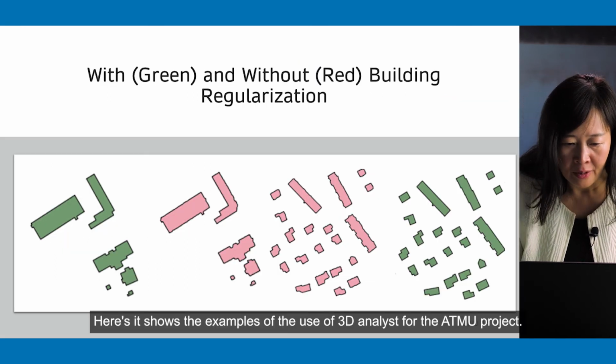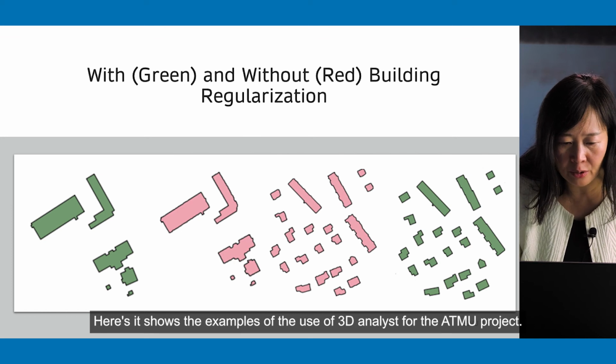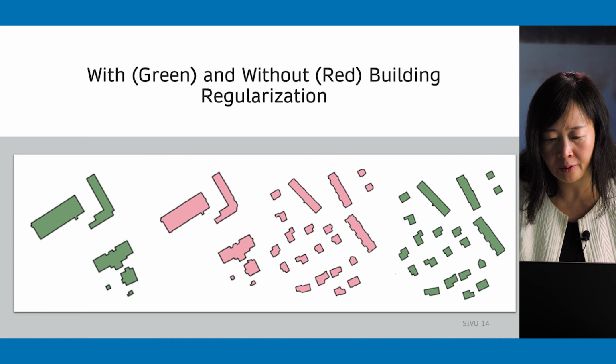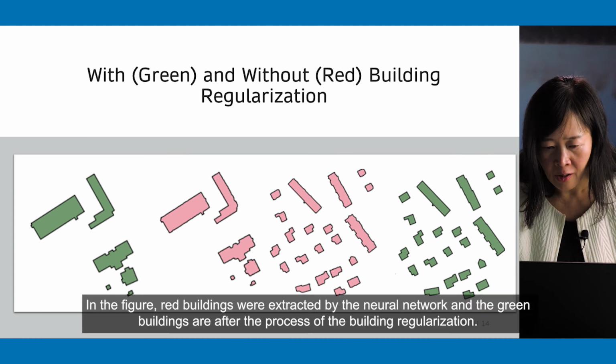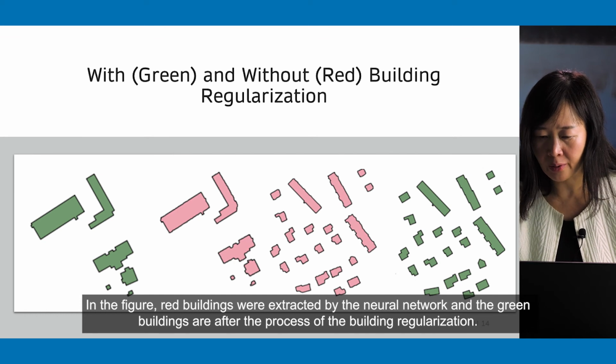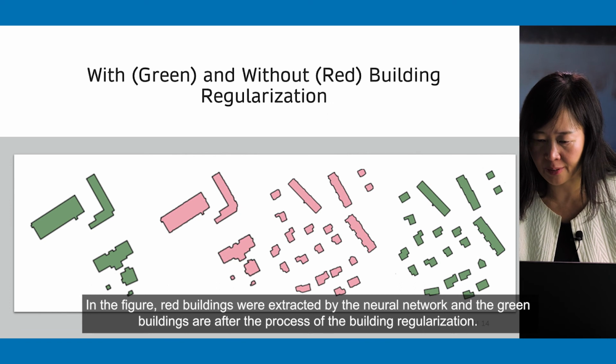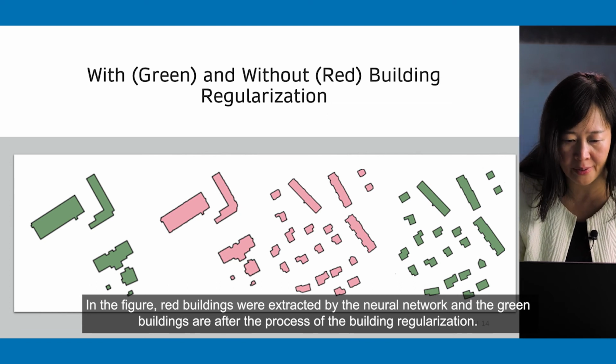Here are examples of the use of 3D Analyst for the Autumn project. In the figure, red buildings were extracted by the neural network, and the green buildings are after the process of building regularization.